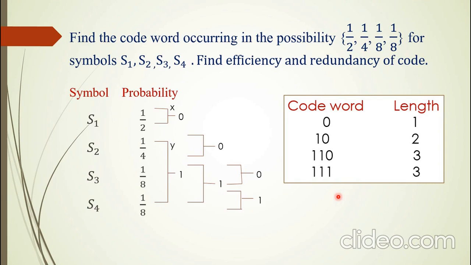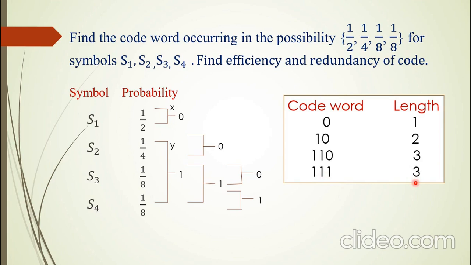The length of the code word for S1 is 1, for S2 it is 2, and for S3 and S4 it is 3 each, since their code words have 3 bits.